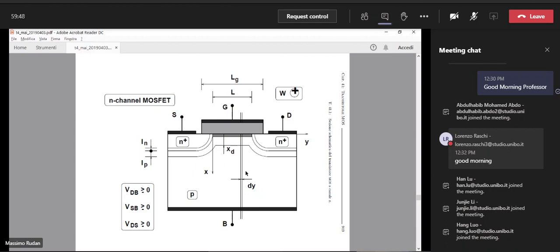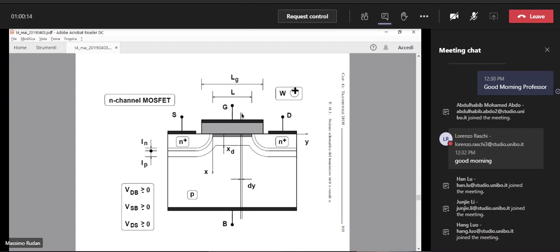Finally, we consider an elementary strip that is indicated here with thickness dy. This elementary strip is made of metal oxide semiconductor.